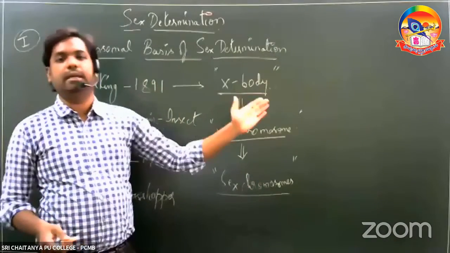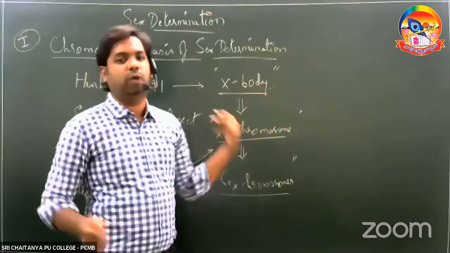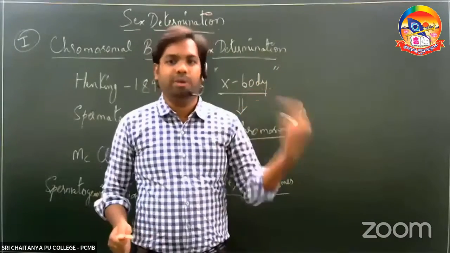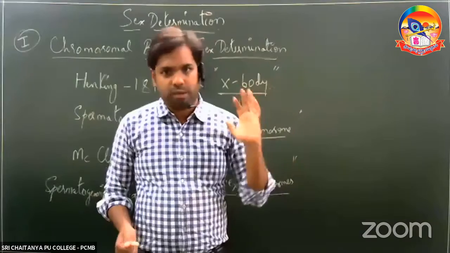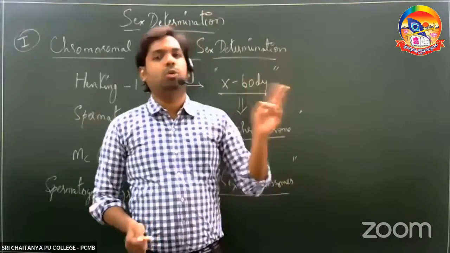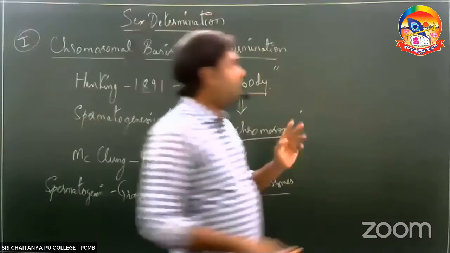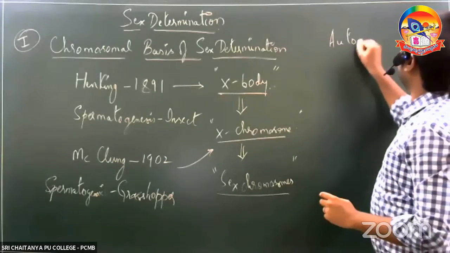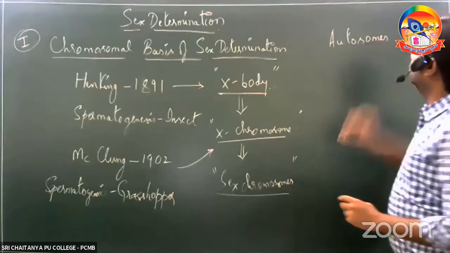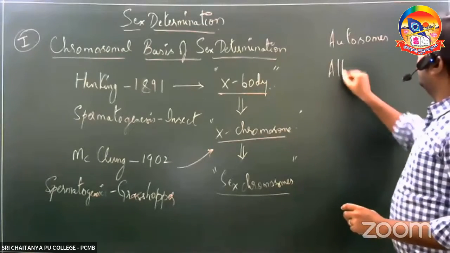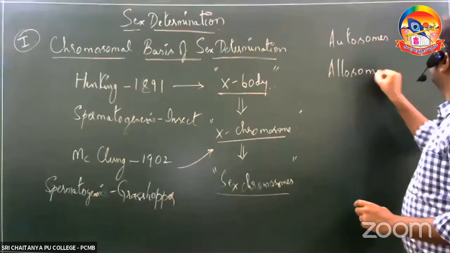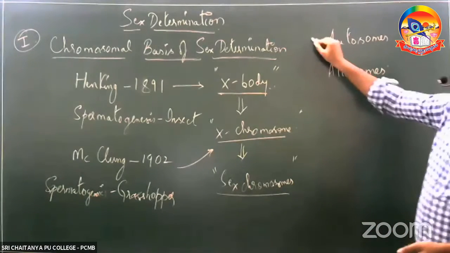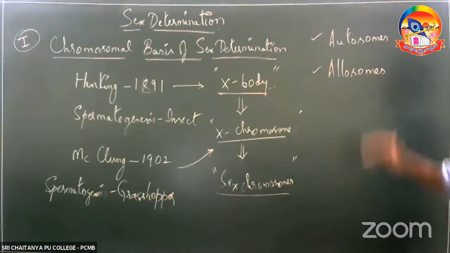We are all familiar that all organisms, including humans, have two types of chromosomes. One is called autosomes and the other one is called allosomes.